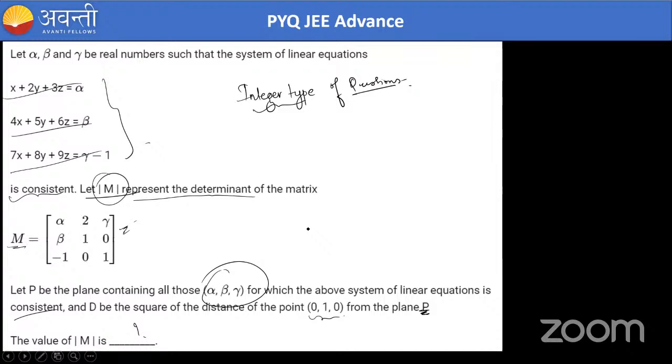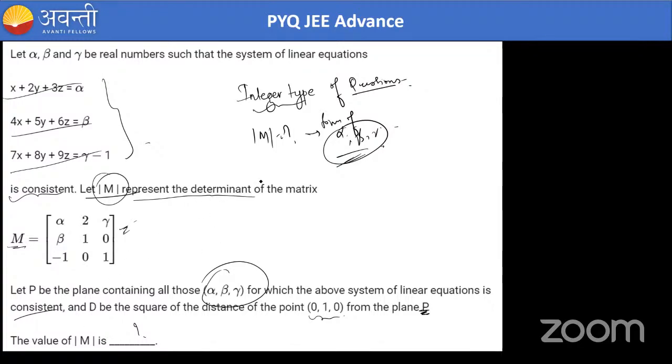So now we are supposed to find out the determinant of matrix M, and since the determinant of matrix M will be in the form of alpha, beta and gamma, as you can see, to find out the relation between alpha, beta, gamma, we have been given two pieces of information.